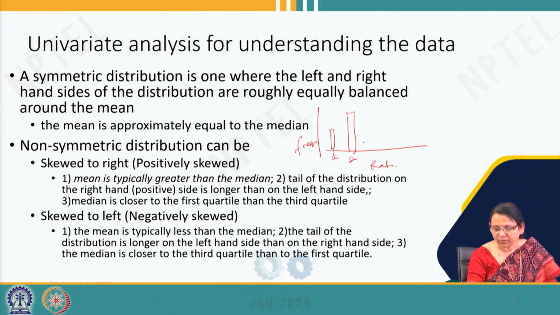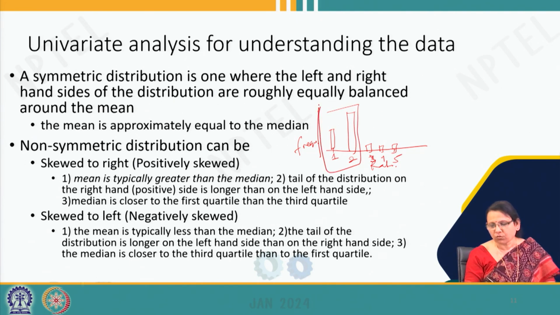This is rating 2, then rating 3, 4 and 5. So, which means this person mostly gives a very low rating to whatever he rates. Such kind of observation can be figured out if we study the skewness of the data.